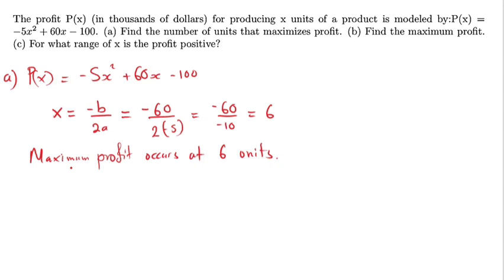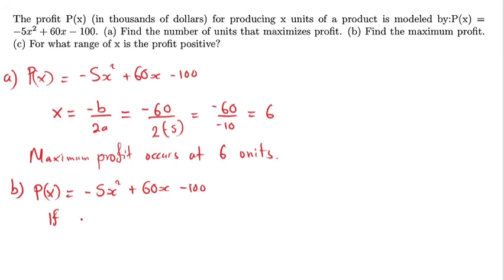Part B says, find this particular maximum profit. Since it happens at x equals 6 units, using the equation model, P of X equals negative 5x squared plus 60x minus 100, and the maximum profit occurs at 6 units, our x value is 6.